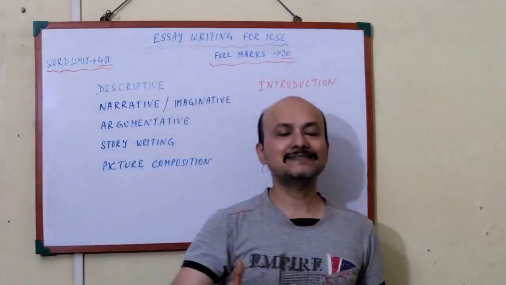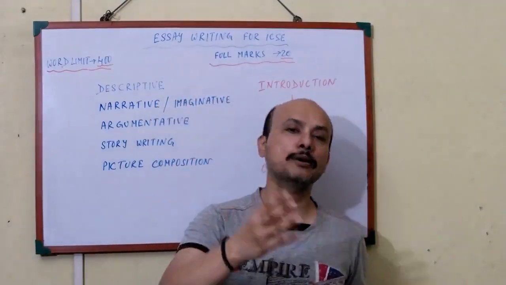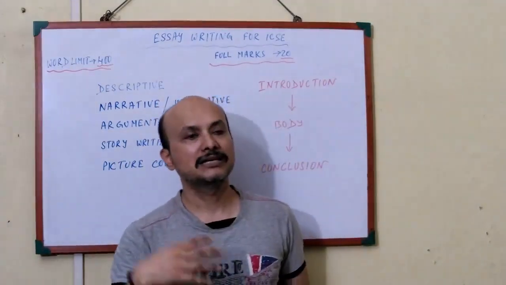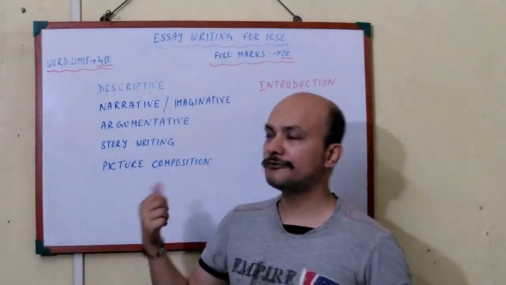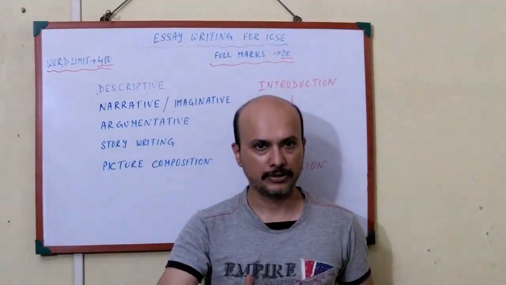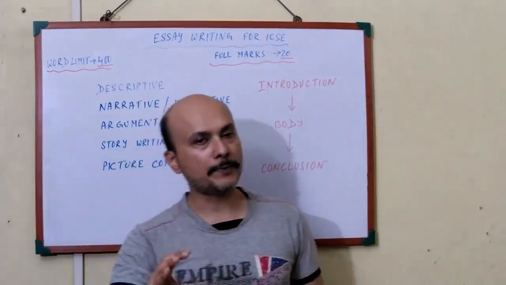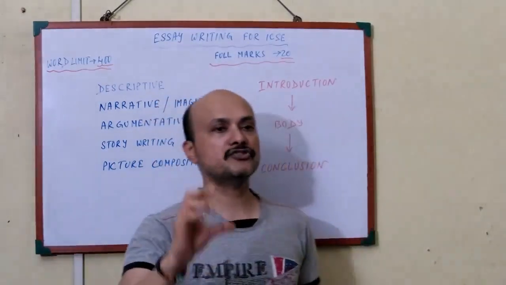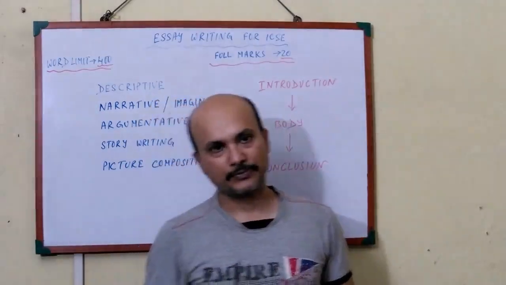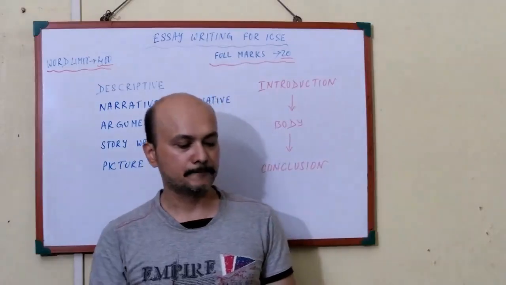You can divide this body into 2 or a maximum of 3 paras. So that means in total you will have either 4 or 5, taking the introduction and the conclusion. But they should be properly made paragraphs containing the necessary points. Because of this point, this is divided. This point, this is divided, like that.